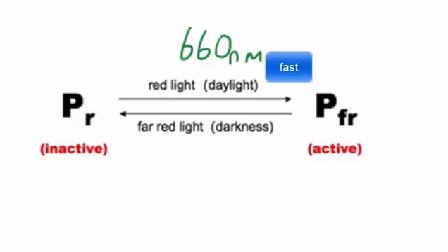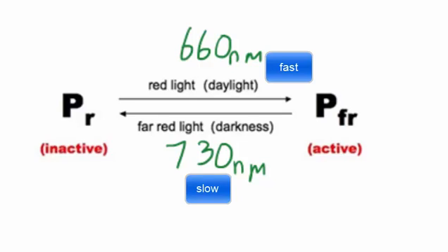At night, the far red light is absorbed at 730 nanometers, and that happens more slowly. It is the rate at which the active form is converted to inactive at night that measures how much nighttime there is, and when it's appropriate to the plant, it will flower.